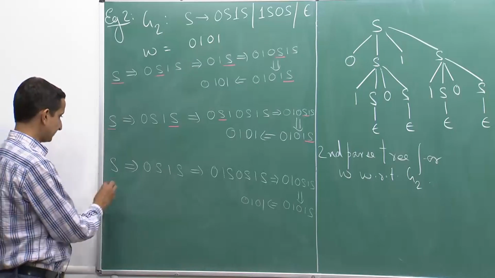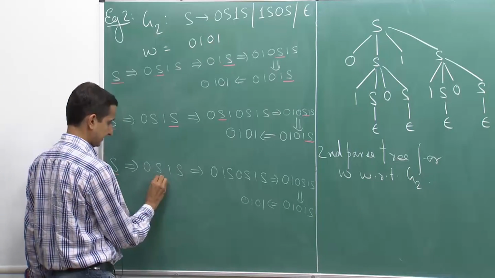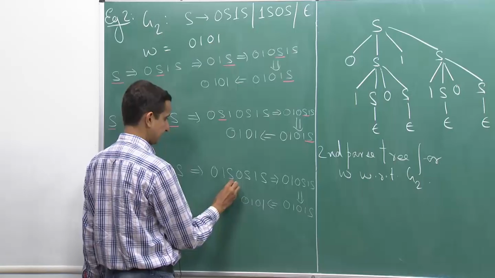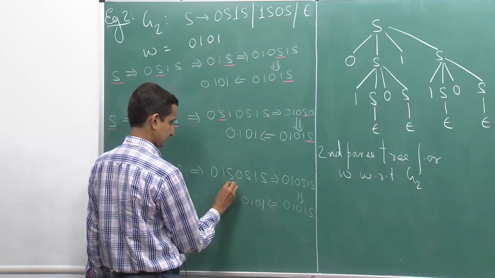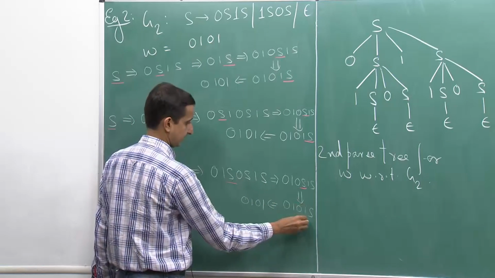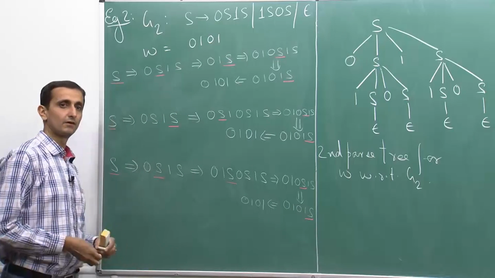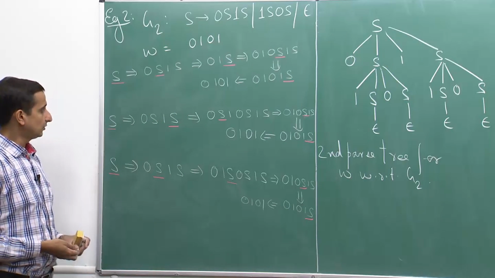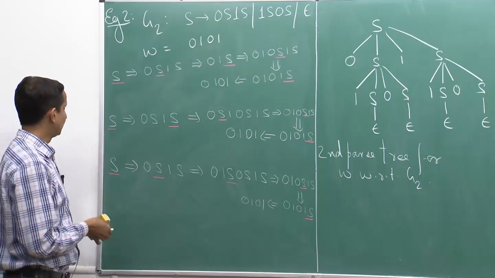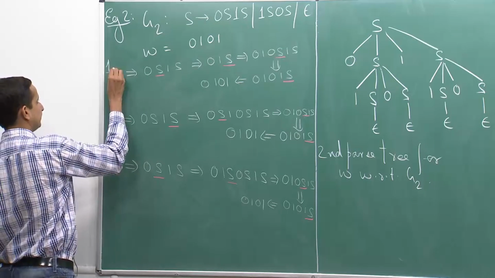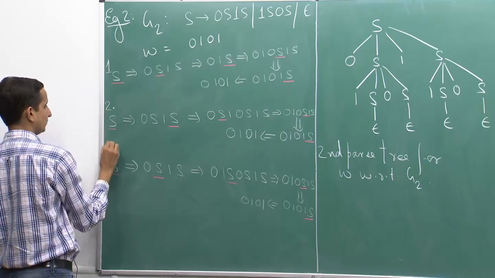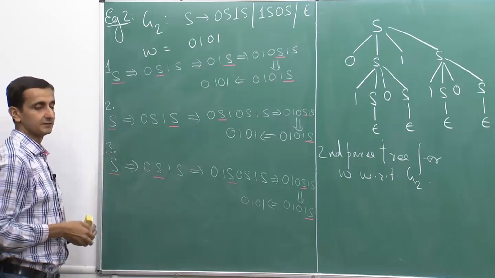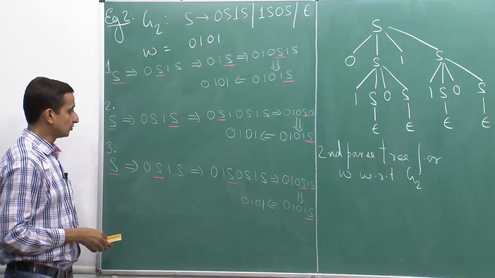In the third derivation, I replace this, then this, then this, this, and finally this. Let us call these my derivations 1, 2, and 3.